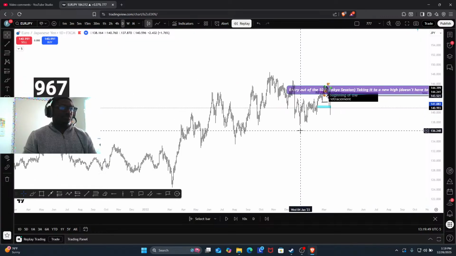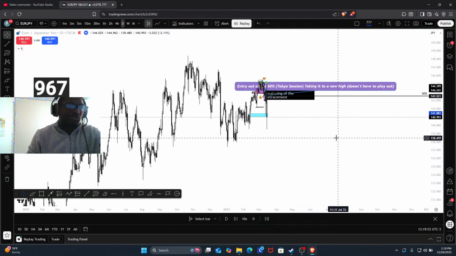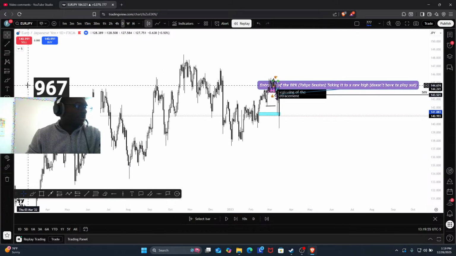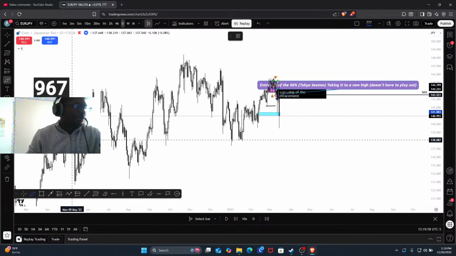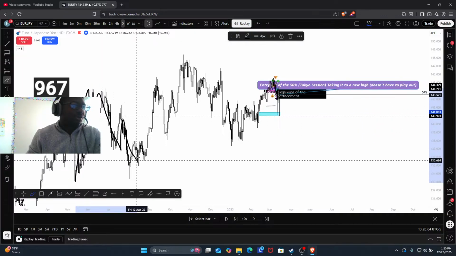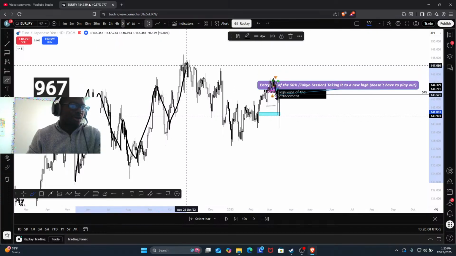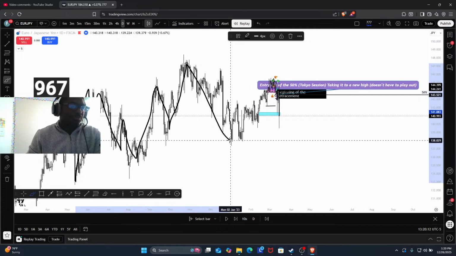Okay. So we always look left to get right. As you can see, market structure went high, low, high, low, low, high. Then we got a break, high, low, high, right? And then a break.